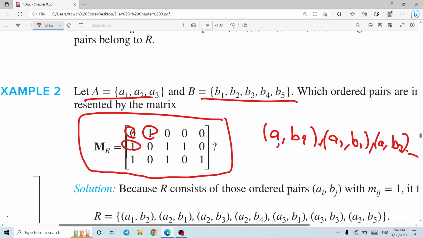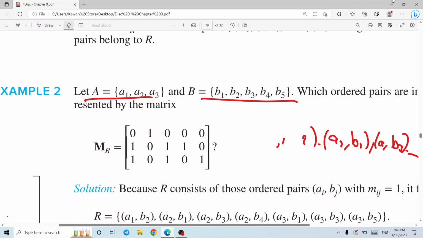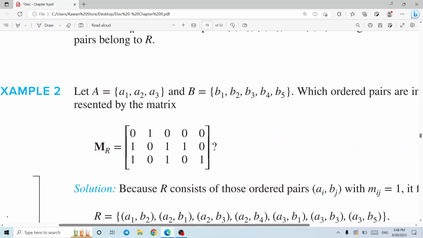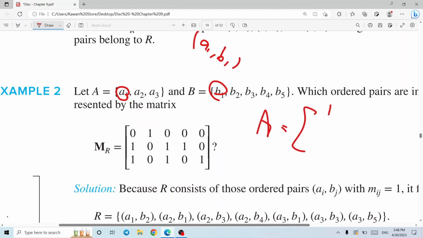Clear, dears? Good. Depending on this matrix, if in this relation A1 is related with B1, my matrix entry should be 1. If I don't have it, I'm going to put 0.